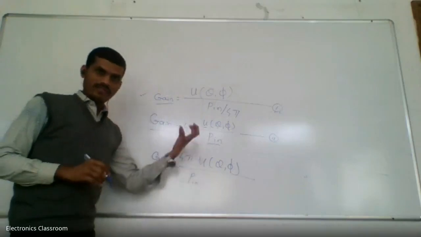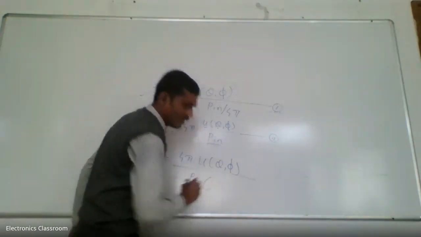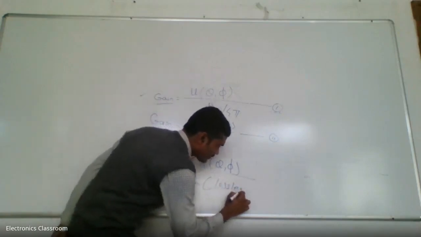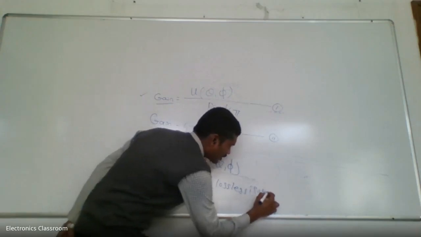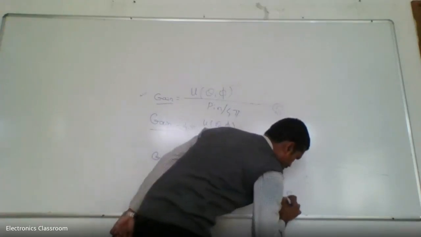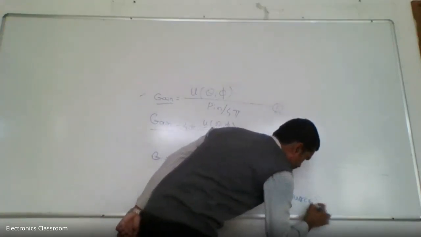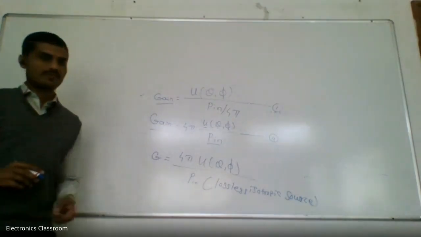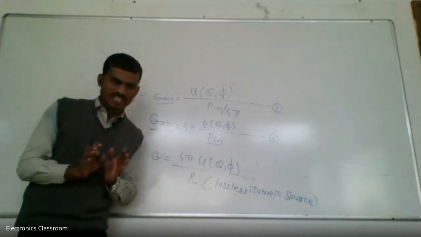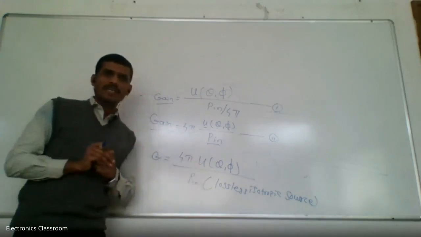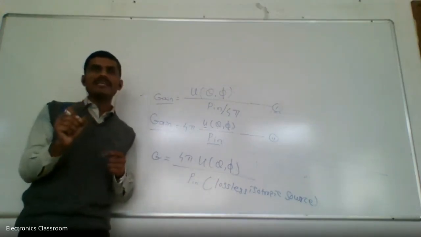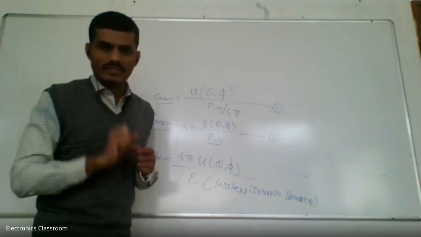But instead of a simple antenna, this P_in is derived for the lossless isotropic antenna. Instead of antenna, we can write lossless isotropic source. Once again, it is dimensionless. When the direction is not stated for that particular antenna, at that time we take the power gain usually in the direction of maximum radiation.